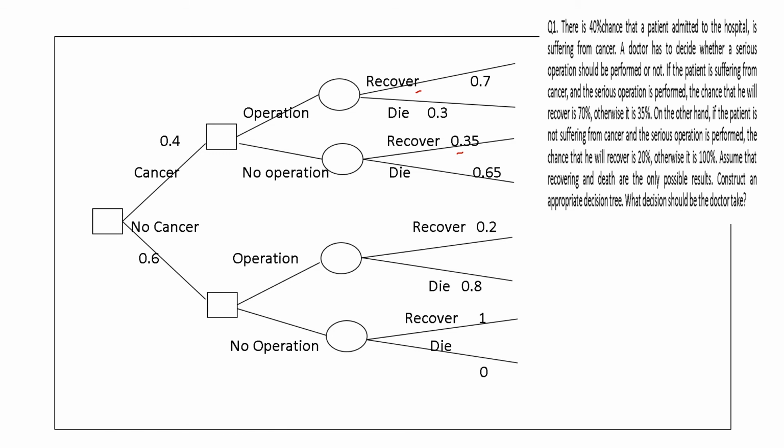For no operation, recover is 0.35, die is 0.65. Same way, if operation is prescribed for no cancer, recovering chance is 0.2, so the rest, 0.8, is die chance, and for no operation, recover is 1 and die is 0.